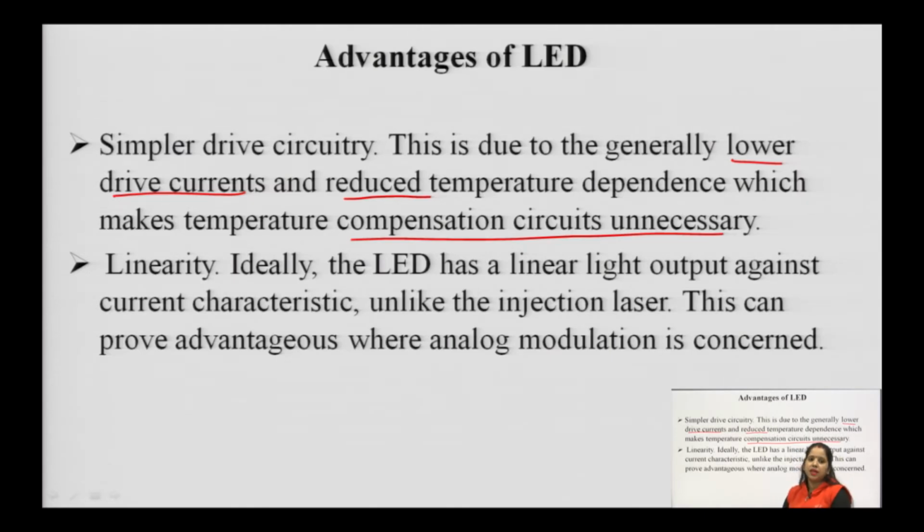Linearity: the LED has a linear light output against current characteristic. We have already discussed the important parameters required for any device to be an optical emitter, that it should be linear, and the LED fulfills that condition also.